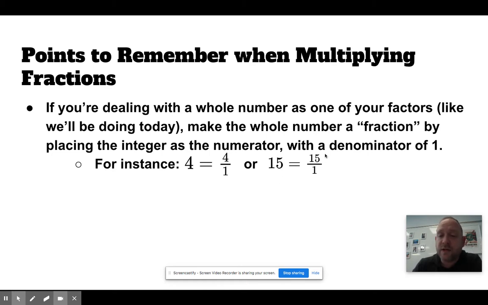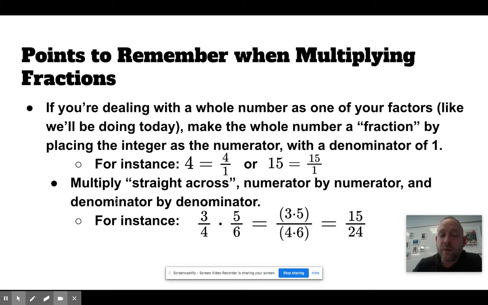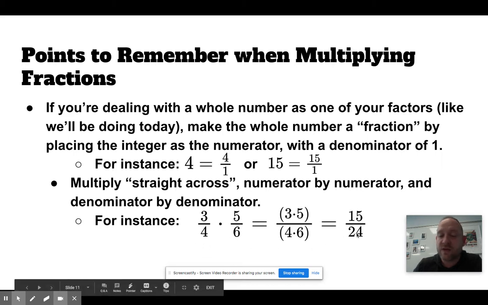Or if you had 15, it would be 15 over 1, or 15 whole things. Then we're going to multiply straight across, numerator by numerator and denominator by denominator. So if I had, say, 3/4 times 5 over 6, basically I would just do the parentheses there and multiply 3 times 5, which gives me 15, and 4 times 6, which would give me 24.